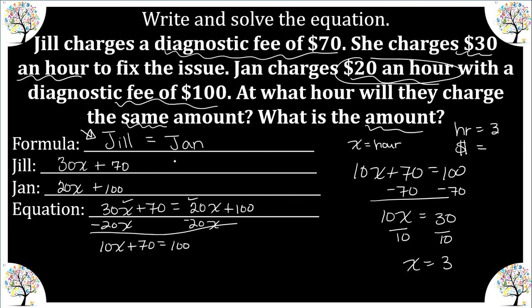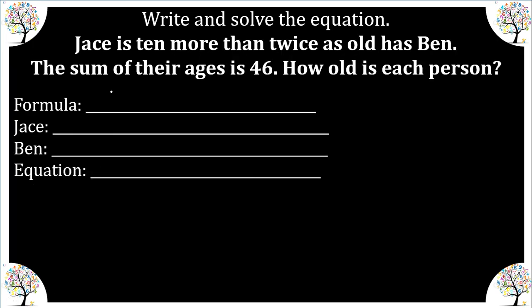It does not matter. So I'm just going to go with Jan. So 20 times 3 plus 100. So 20 times 3 is 60 plus 100 gives us $160. So at 3 hours, they will both charge $160. Before that and after that, they will each charge something different.